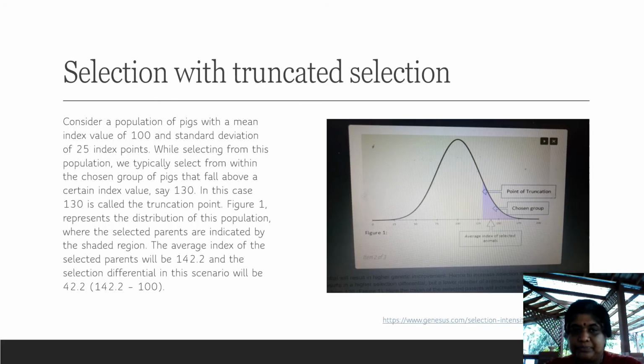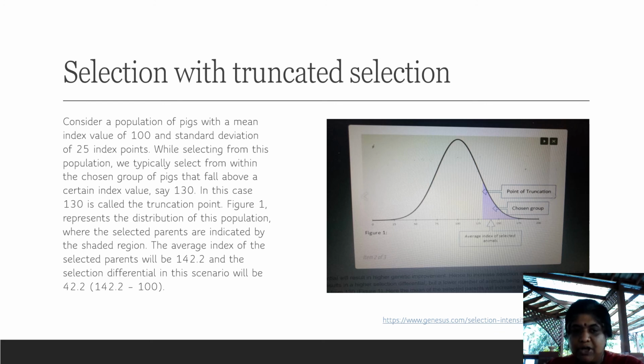So this is where we talk about selection with truncated selection. Here you have the normal distribution peak, with a mean index value of 100 and a standard deviation of 25 index points. When selecting from this population, we select a chosen group that falls above a selection index value, say 130.